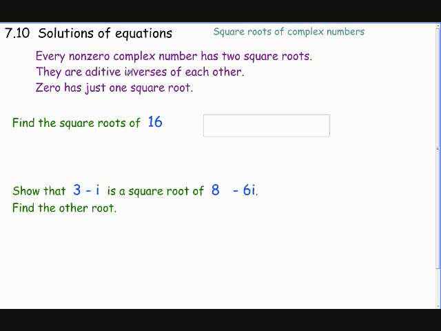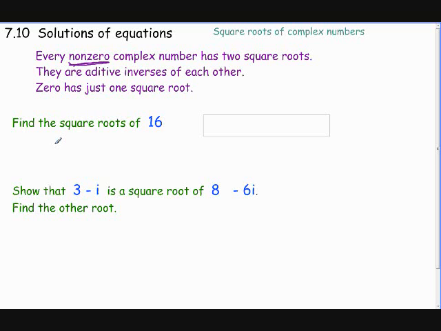Every non-zero complex number, well, we know what that means. We've looked at complex numbers that did have 0 in them, has 2 square roots. They are additive inverses of each other. 0 has 1 square root. Okay. Find the square roots of 16.